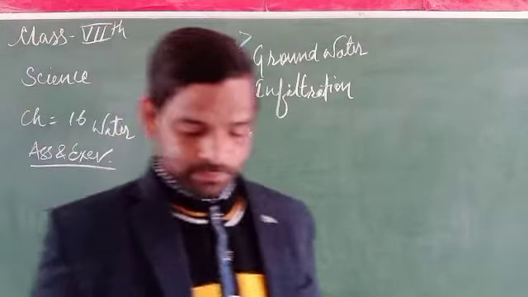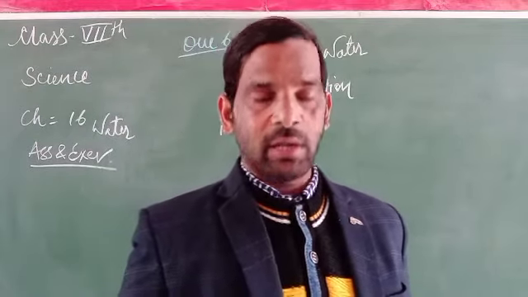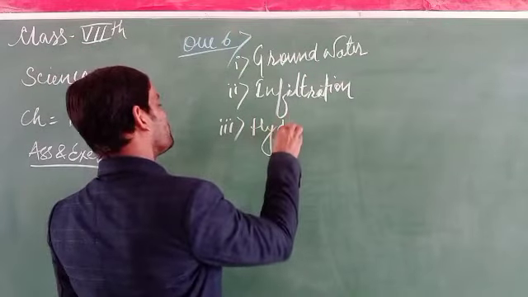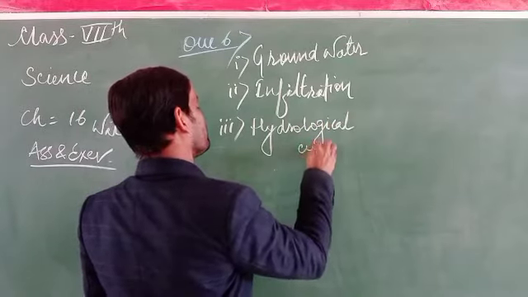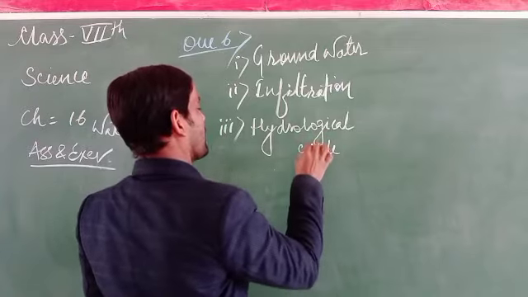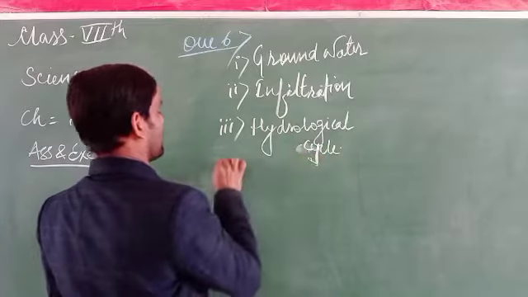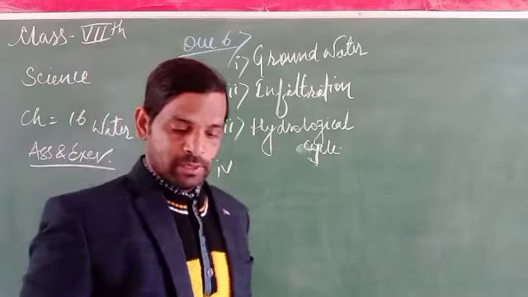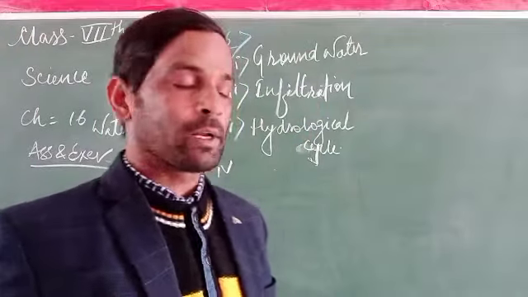Number 3, the circulation of water on the earth. That one we call the hydrological cycle. Next, D: the wise and judicious use of water.